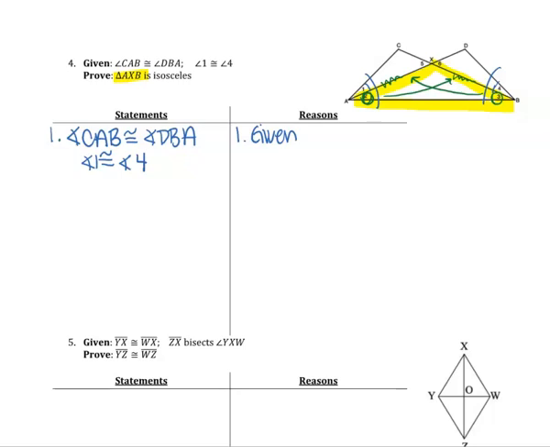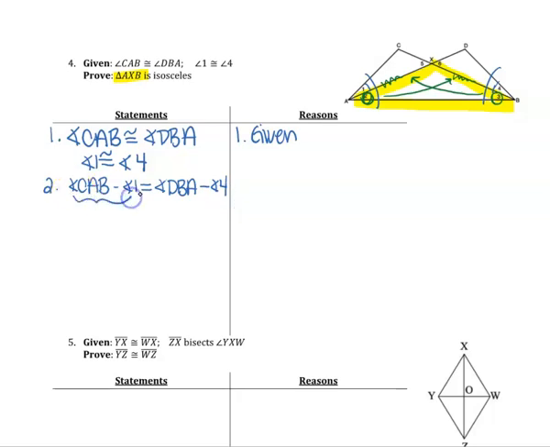And done. I'm going to take my whole angle, which was angle CAB, which is this angle over here, and we're going to subtract away angle 1. Now that's going to be the same as this whole angle, which is DBA, take away this part of the angle, which was angle 4.